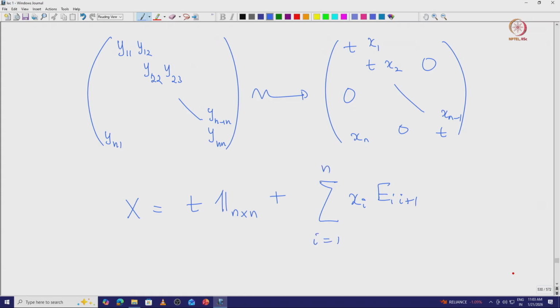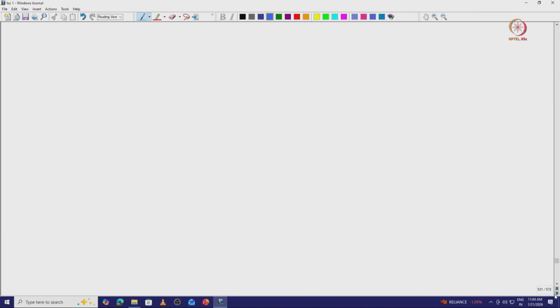So, you read this i plus 1 as computed modulo n, and e_ij is the set of elementary matrices. Okay. So, now what is the determinant?